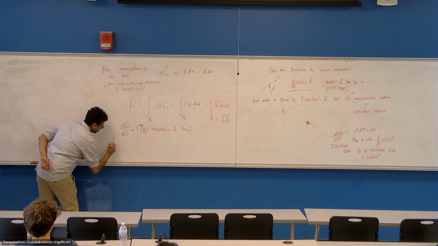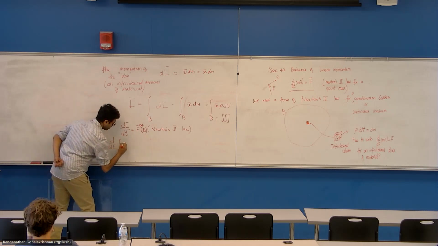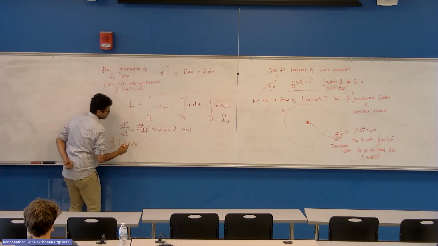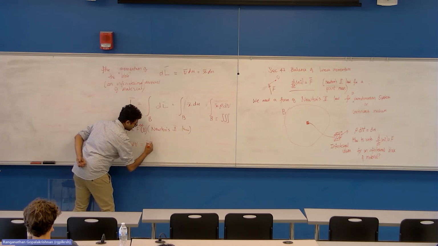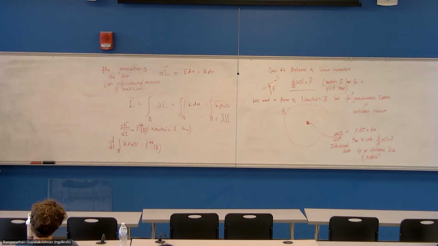L is d over dt, integral over the body, x dot rho dv, and this is equal to F external on B. You're with me so far? Yes.